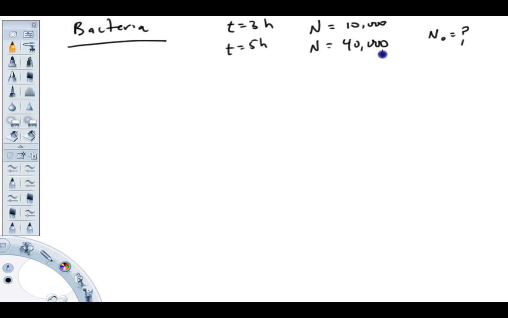What we're going to try to calculate is what I call n sub o, the original number of bacteria in this colony. Now, bacteria population growth is an example of an exponential type function, and the key to understanding this is that the rate at which the bacteria are multiplying is directly proportional to how many there are.